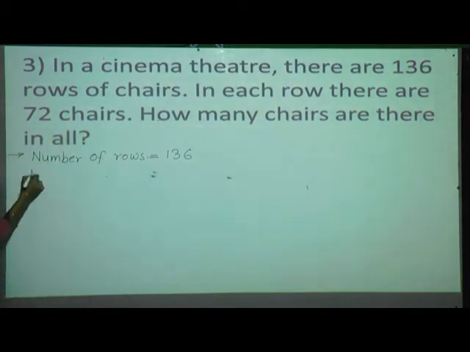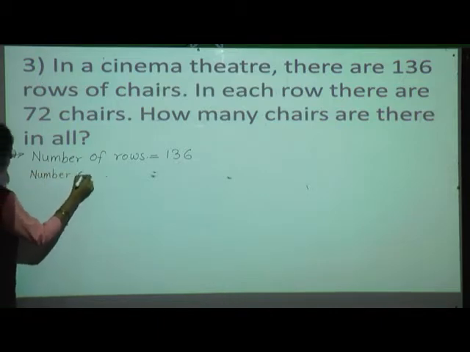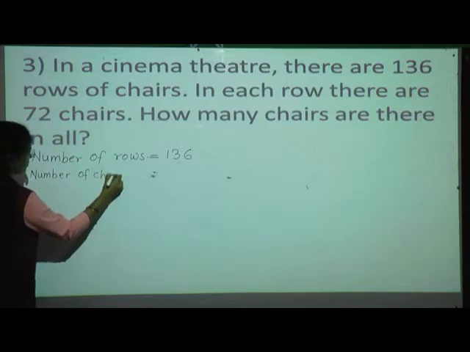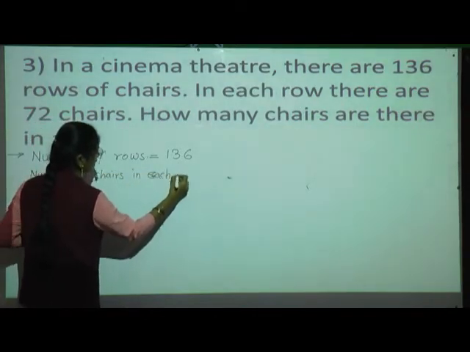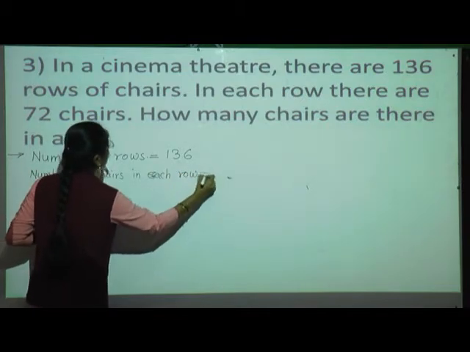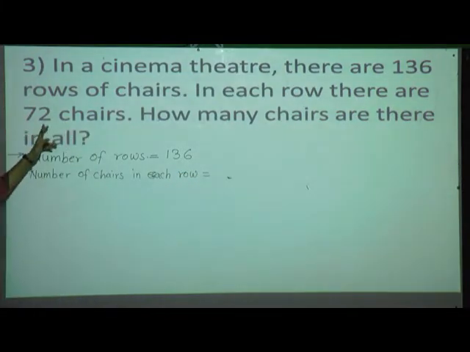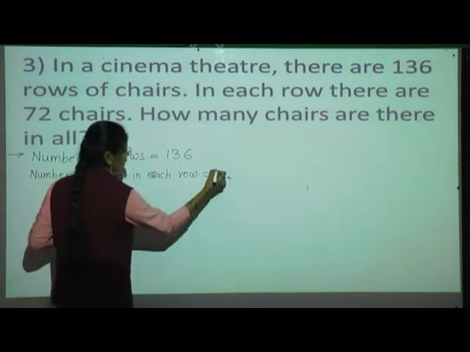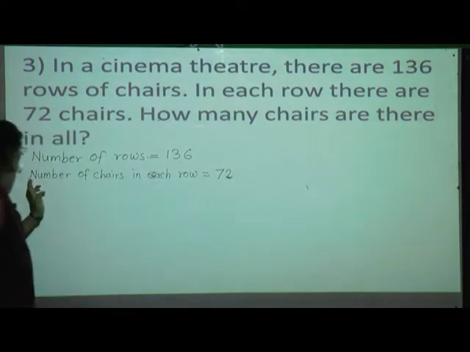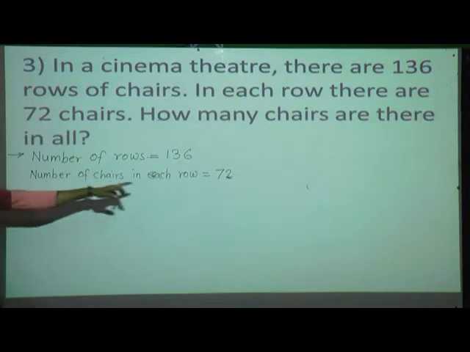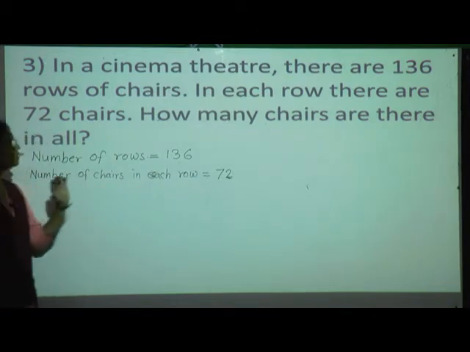So we will write here number of chairs in each row. How many chairs are there in each row? There are 72 chairs in each row. So here we can write number of chairs in each row is equal to 72.